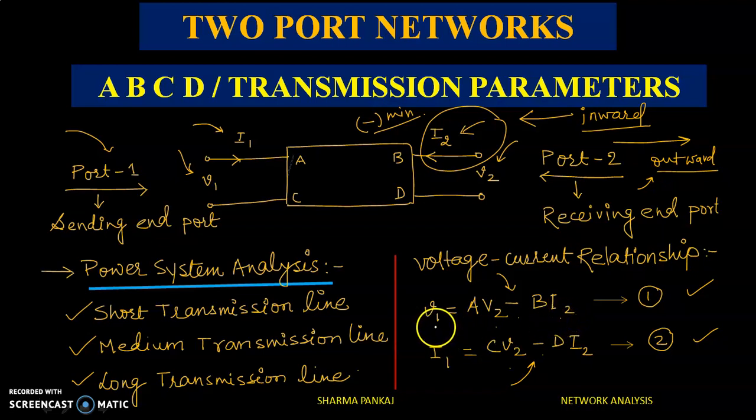V1 is a dependent variable, I1 is a dependent variable, and V2, I2 in both equations 1 and 2 are independent variables. On the values of V2 and I2, the values of V1 and I1 depend. This is a simple observation, and we are accustomed to such kind of analysis since the early start of mathematics.